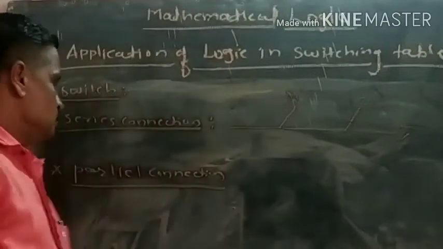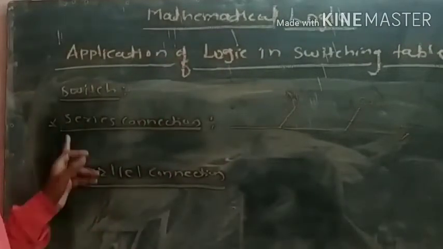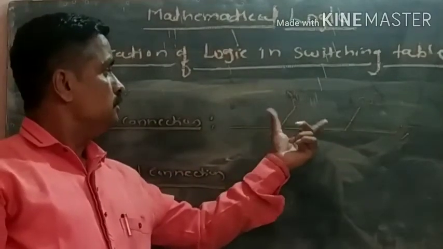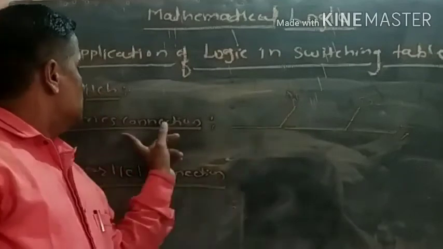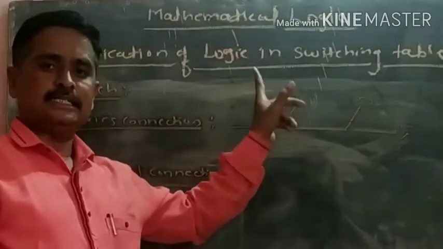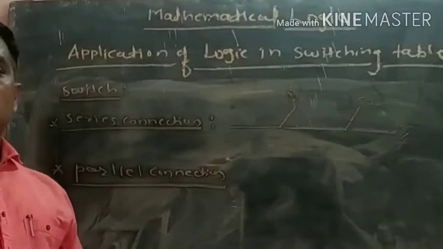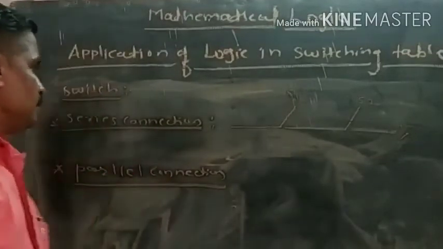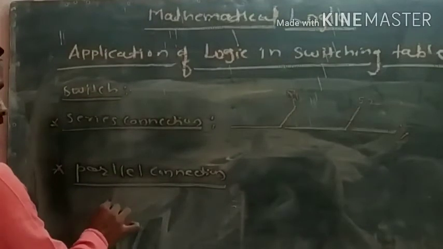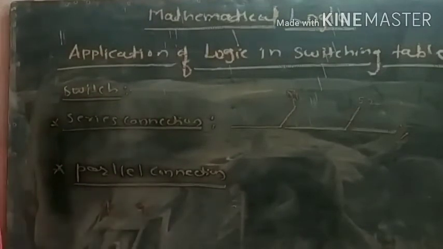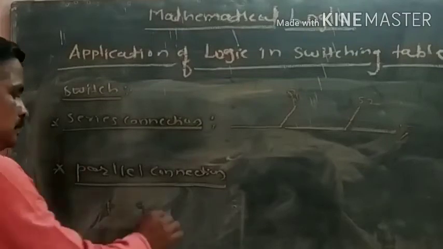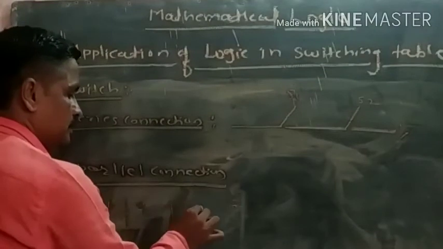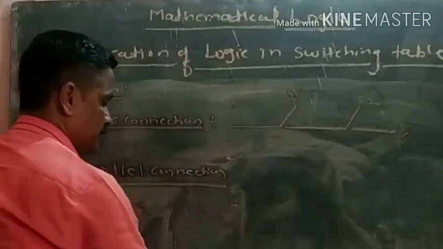We have to construct an input and output table for this series connection as a conjunction. So in a conjunction, we connect two switches S1 and S2 in series, and we have to obtain the input and output table of that statement. Consider P and Q as S1 and S2, and we use a series connection.